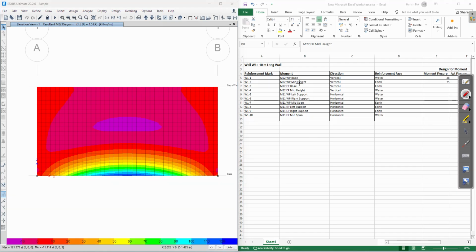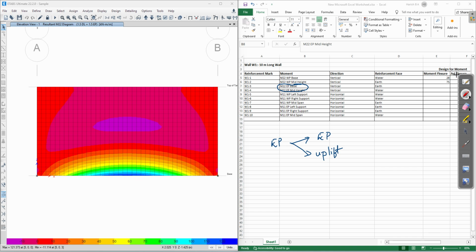For earth pressure combination, you have two load combinations. One is earth pressure and another one is uplift. So now the combination is 1.5 DL plus 1.5 earth pressure.